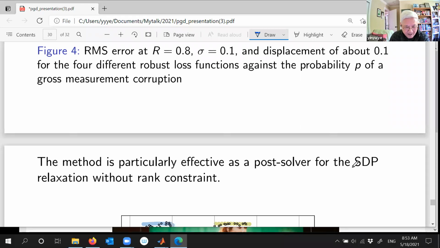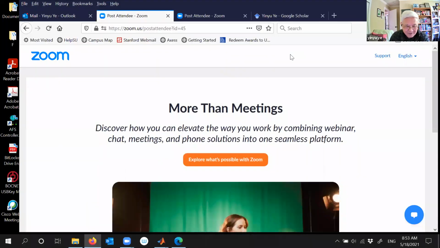The solution that comes out may not be the ideal rank. However, we take the output of the SDP relaxation solved by some more sophisticated SDP solver, and then use this low rank projection as the post-solver. So I want to give you some demonstrations.